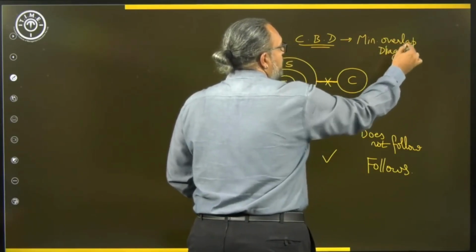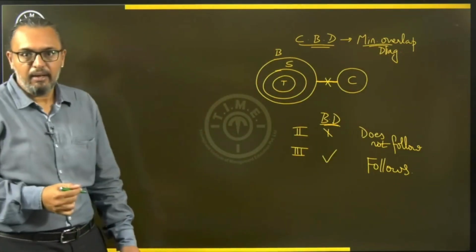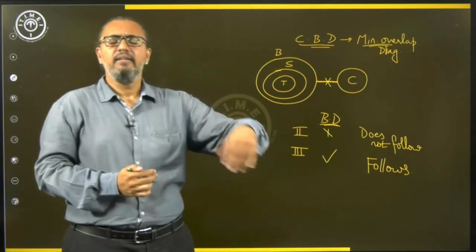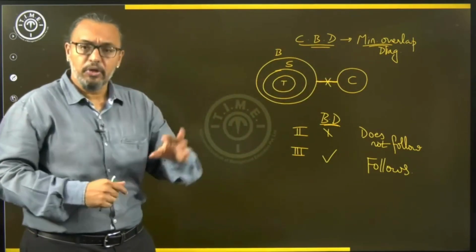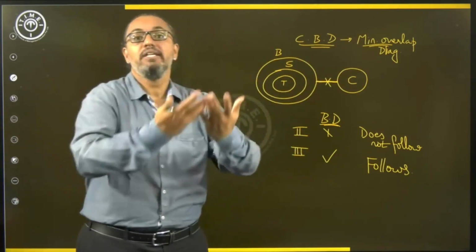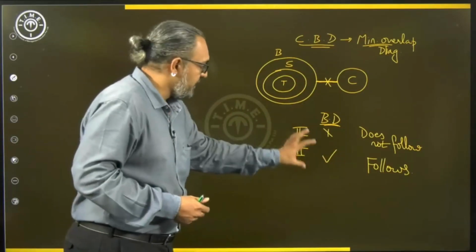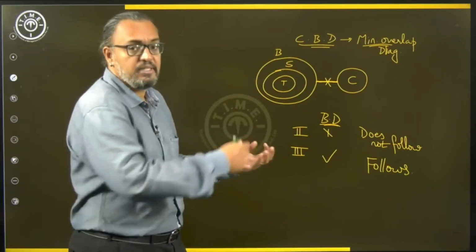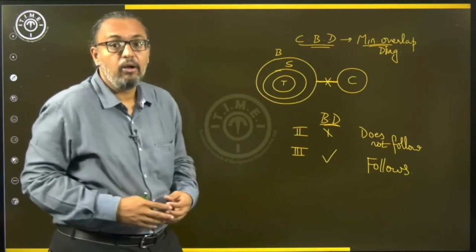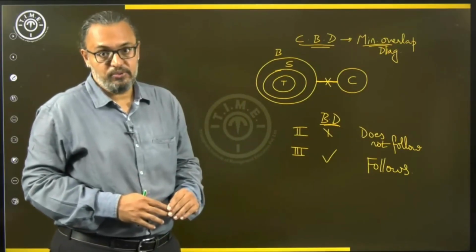So, if a conclusion is available in your minimum overlap diagram, then automatically it will be available in the alternate diagrams also, because in the alternate diagram, the overlapping region is more. So that is why we need not check. So if it satisfies the basic, especially an affirmative conclusion, it will automatically satisfy all the other representations. Hence, we directly say it follows.